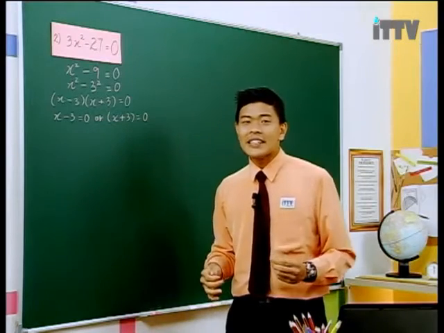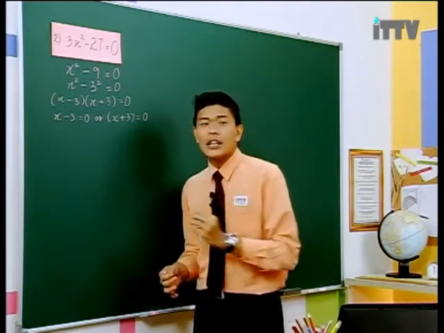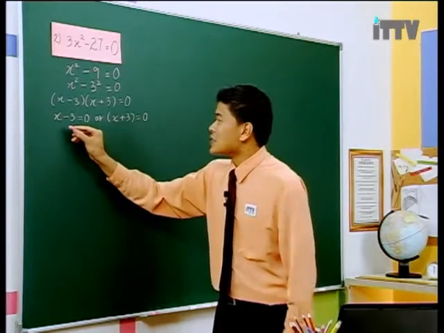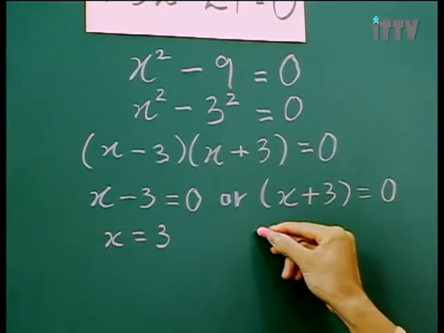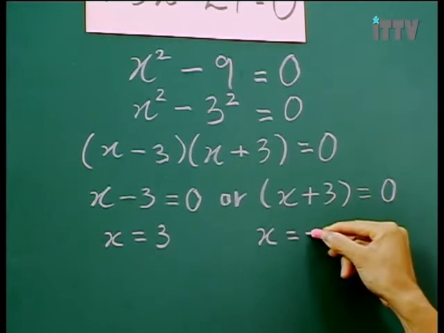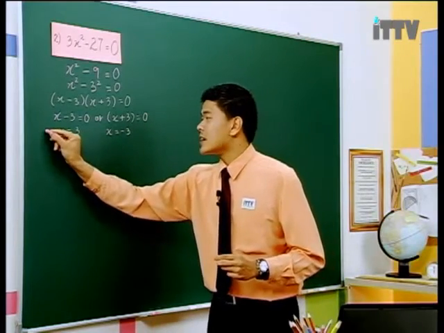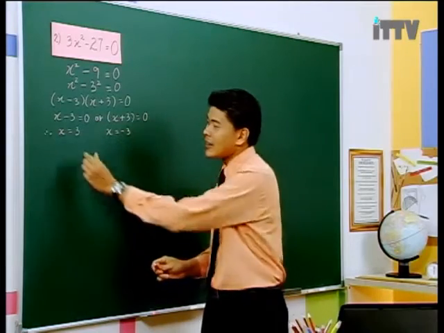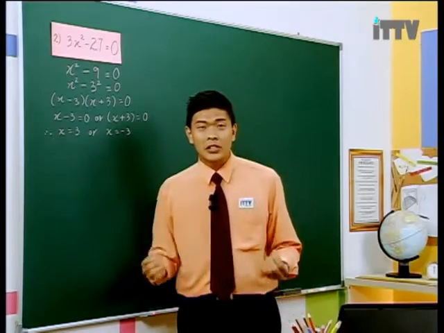And then lastly, determine the values of x from the simple linear equation once you have equated both factors to 0. So on this side, x equals 3, and on this side, x equals negative 3. Therefore guys, the solutions for this quadratic equation are x equals 3 or x equals minus 3.